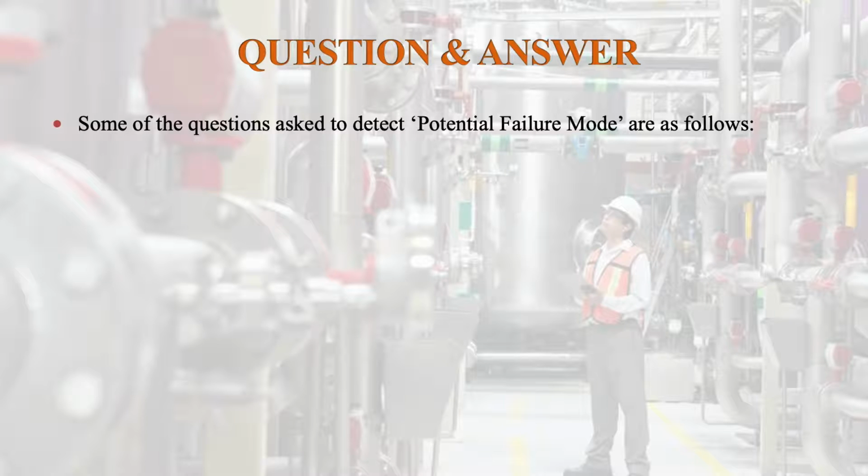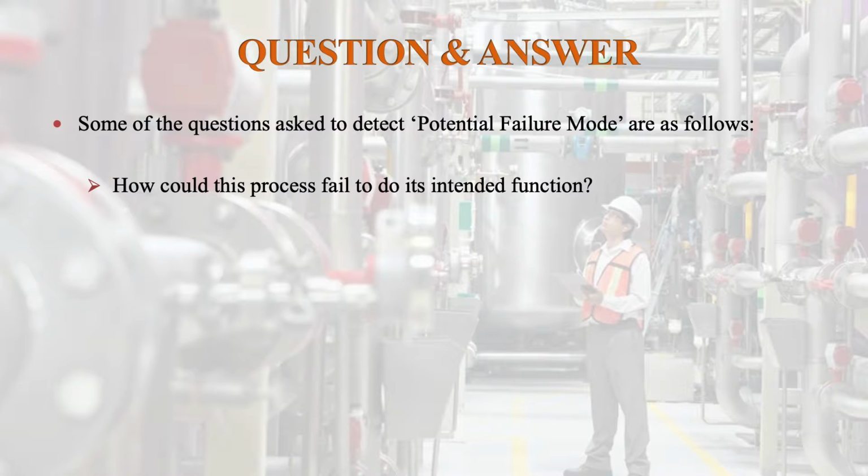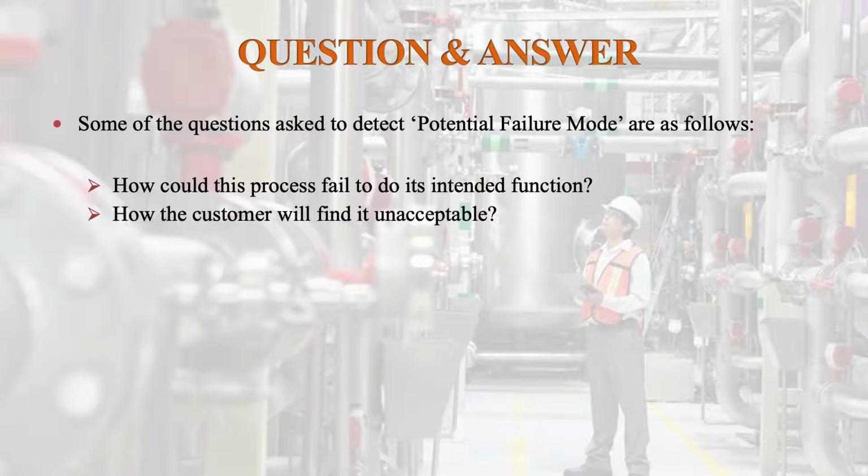Some of the questions asked to detect potential failure modes are as follows. While conducting this failure mode analysis, one has to ask some questions. How could this process fail to do its intended function? How will the customer find it unacceptable? So how is it not acceptable to the customer?